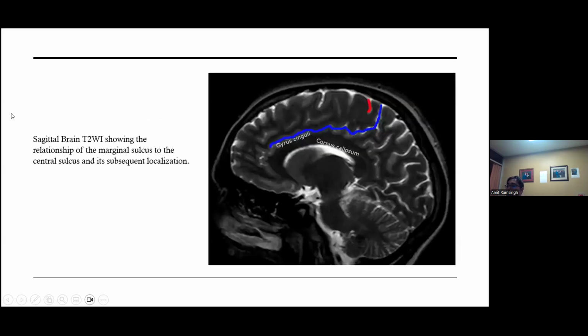So this is a sagittal T2 weighted image, and it's great for showing the anatomy of the cingulate and the marginal sulcus, in that again it runs and almost branches off the cingulate sulcus like that, and it just loops behind the primary somatosensory cortex. So that's it in blue there, and the red represents the area of the central sulcus.